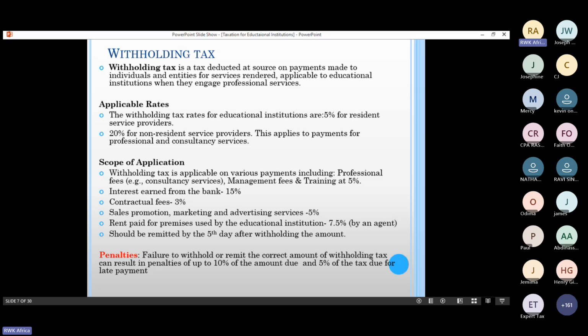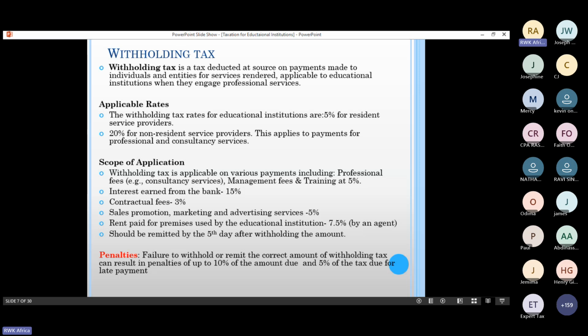Failure to do that, at the end of the year when you're doing the income tax and you have declared the profit and loss for that year, we can see that you have contractual fees of 2 million and consultancy of 500,000. KRA will assess, is there any withholding that you have paid? If not, they will demand the 5% on the consultancy and the 3% on the contractual.